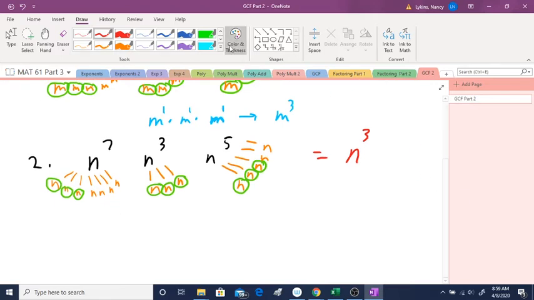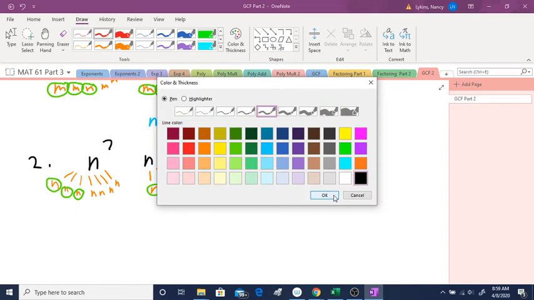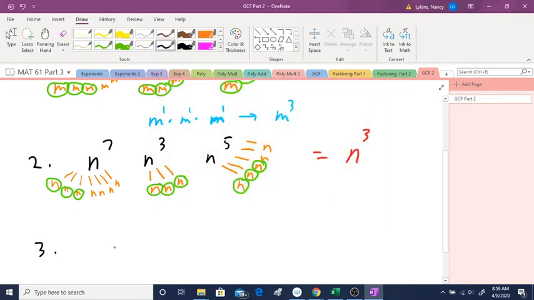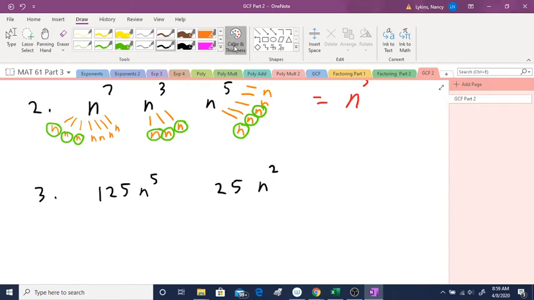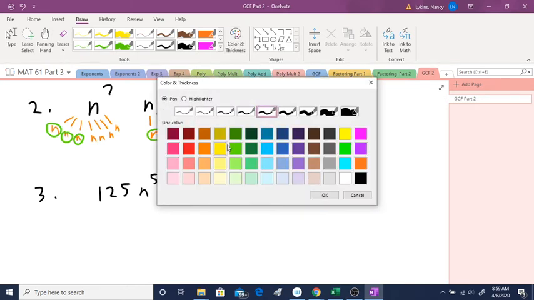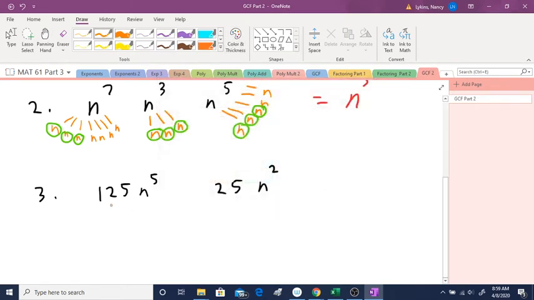My next example, I'm going to put a combination: 125 n to the fifth, and then 25 n squared. Now, what numbers go in to make 125?